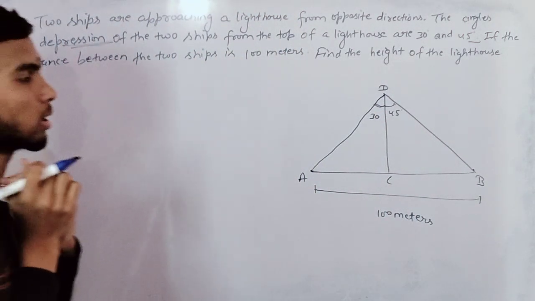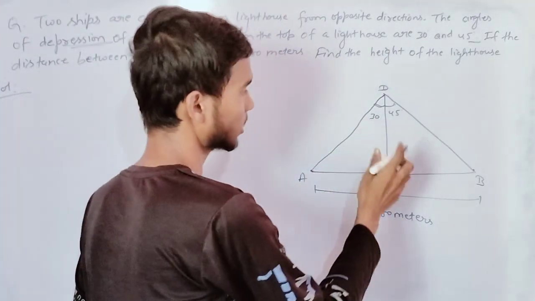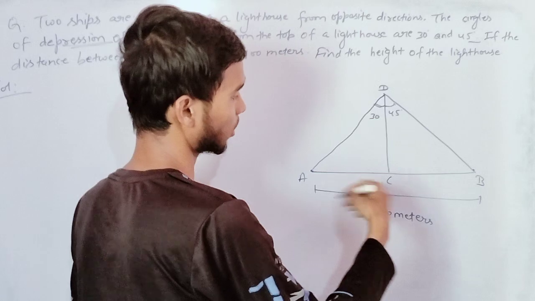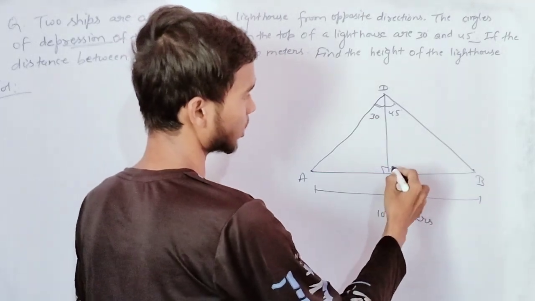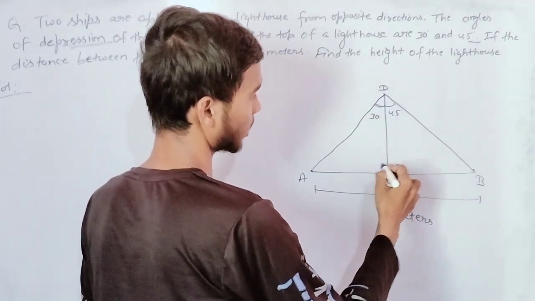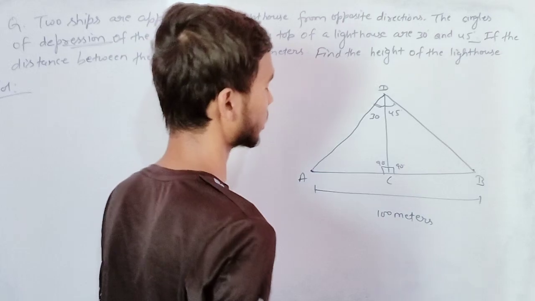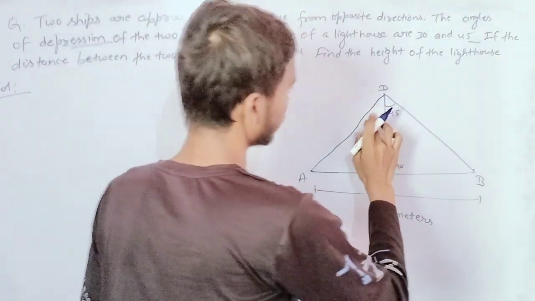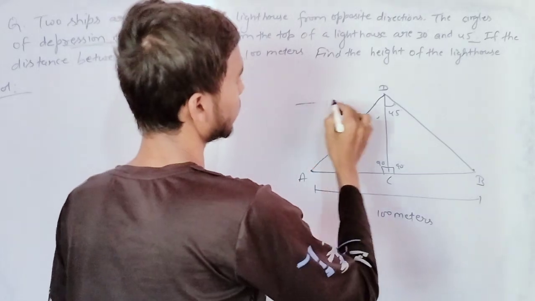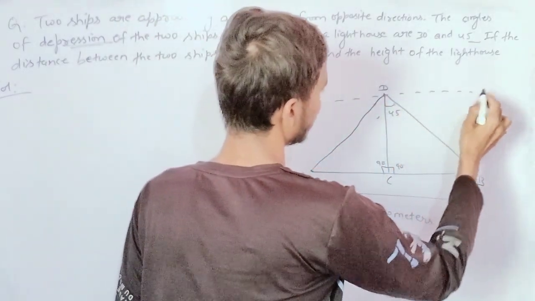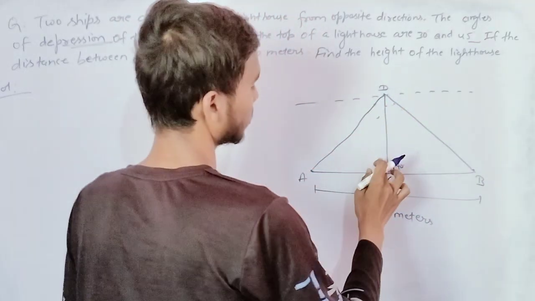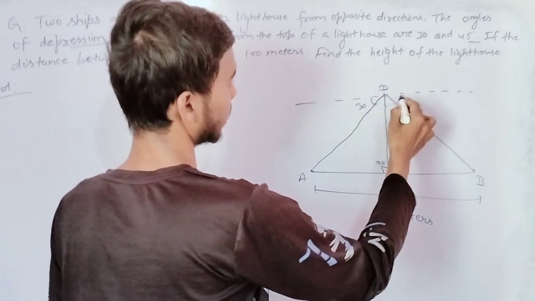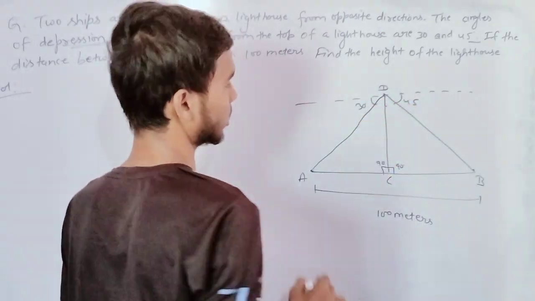If this is 30, of course the lighthouse is perpendicular to AB, so this is making 90 degrees, this is making 90 degrees. Isn't it? The question is saying from the depression, this is a depression. So this is making 30 degrees and this is making 45 degrees.